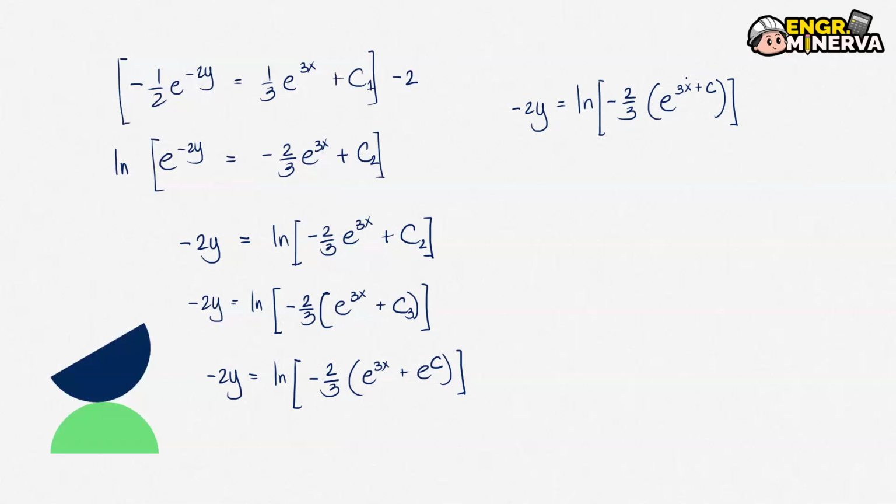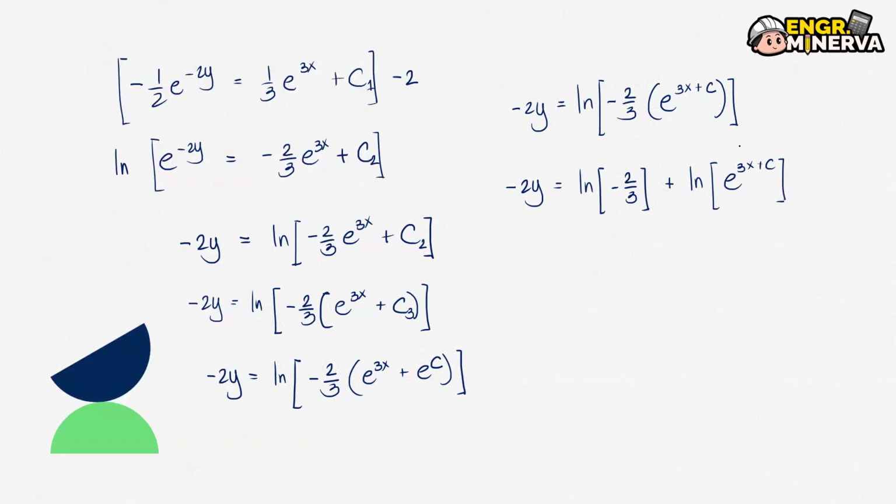For your negative 2/3, what do we need to do here is ln of negative 2/3. Since it is multiplied, that would be negative 2y equals ln of negative 2/3 plus ln of e raised to 3x plus c.